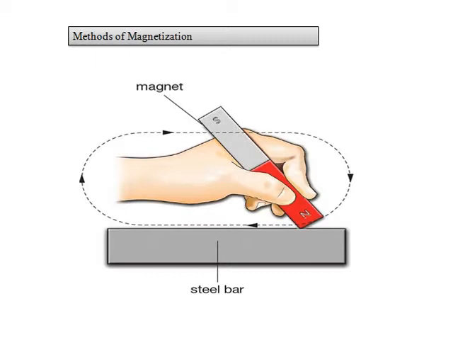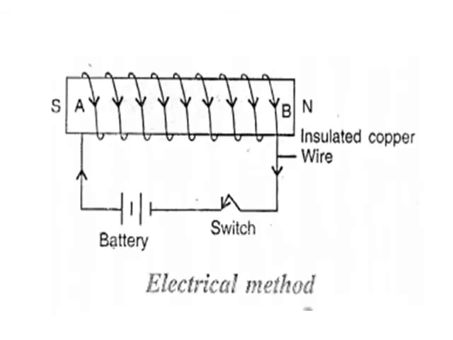Their magnetic fields are now reinforcing each other, and the total result of this process is a net magnetic field, which is the sum of all the magnetic fields produced by the tiny magnets inside the steel bar. A net resultant magnetic field is generated. This is why the steel bar becomes a magnet. This is one method.